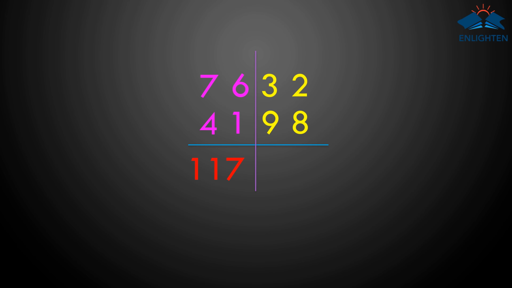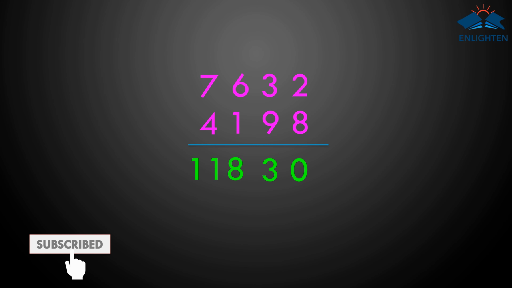Now add 32 and 98. 98 is close to 100. 100 plus 32, 132. Now subtract leftover 2, then 130. Here 1 is carry. Then 117 becomes 118. Answer 11830.